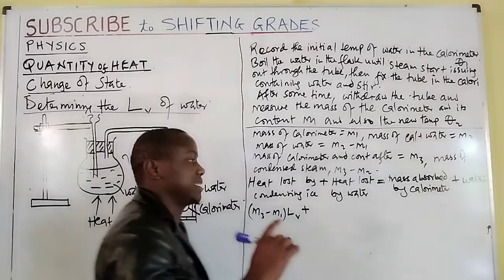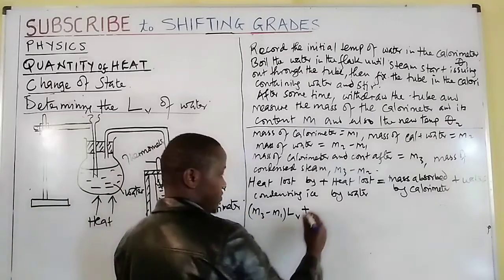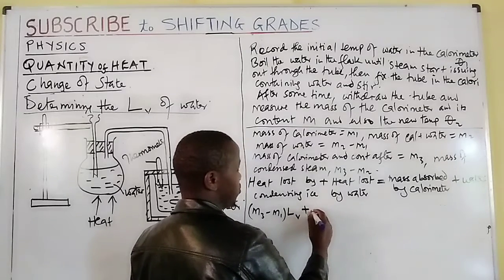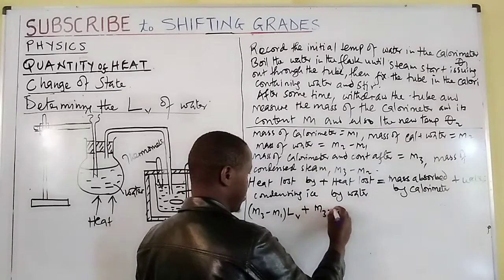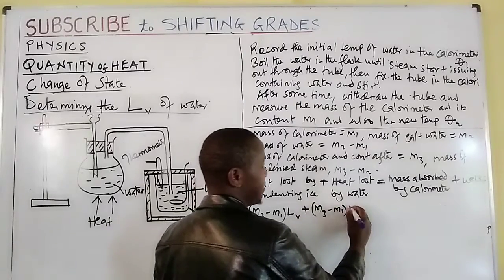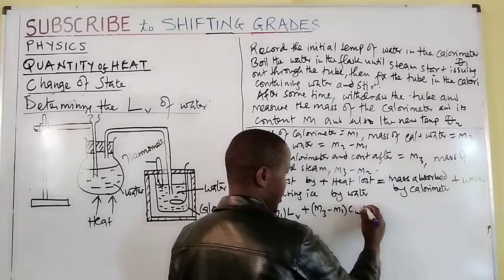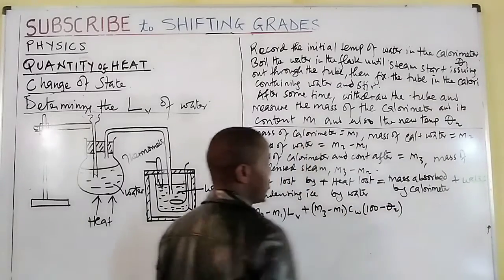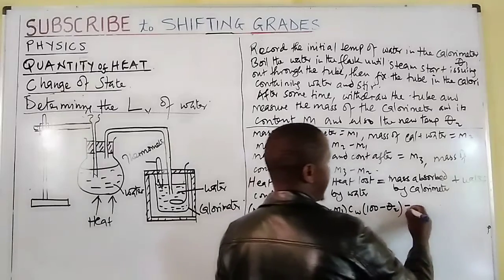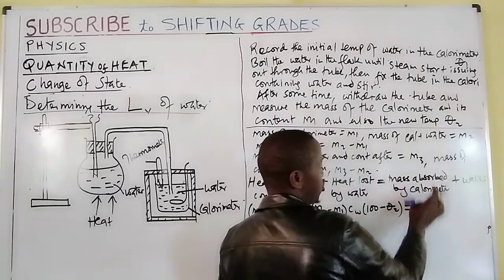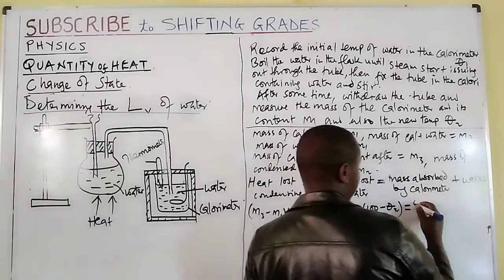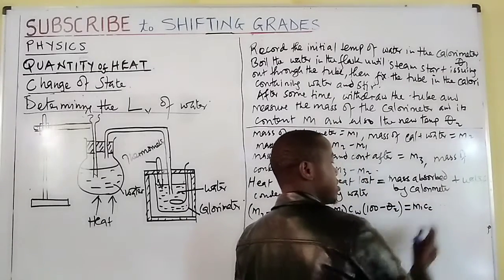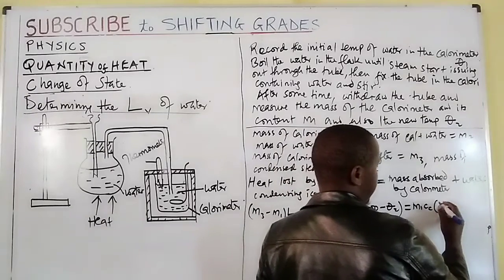Plus now, once it has become water, it starts losing its energy as water: the same mass times specific heat capacity of water, which is known, times change in temperature from 100 until theta 2, the common temperature. It will be the same as heat absorbed by the calorimeter, which is mass of calorimeter M1 times specific heat capacity of the calorimeter times change in temperature.